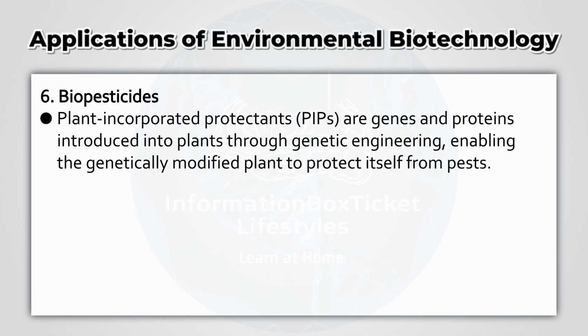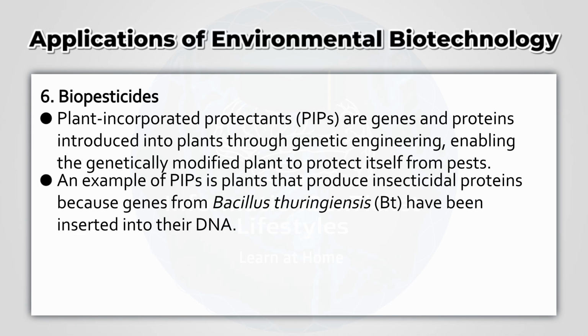Plant-incorporated protectants, PIPs, are genes and proteins introduced into plants through genetic engineering, enabling the genetically modified plant to protect itself from pests. An example of PIPs is plants that produce insecticidal proteins because genes from Bacillus thuringiensis, BT, have been inserted into their DNA.